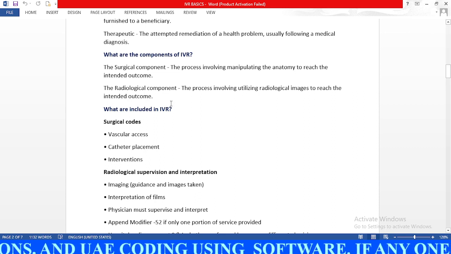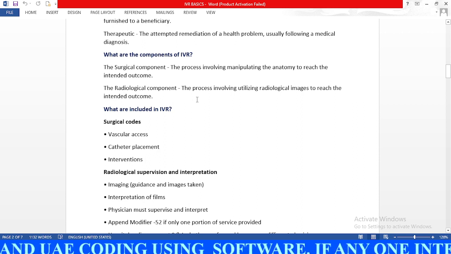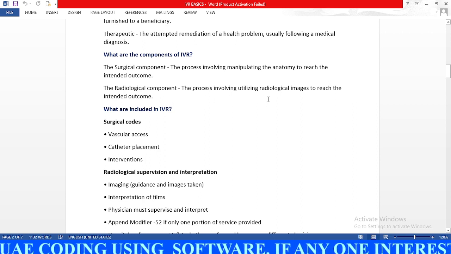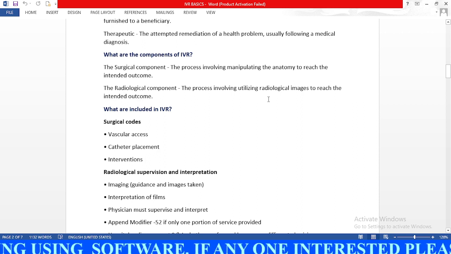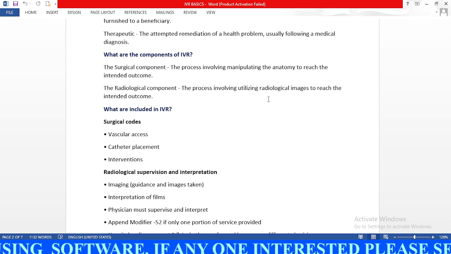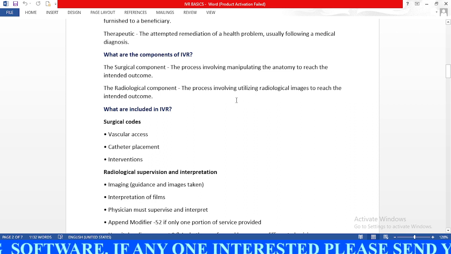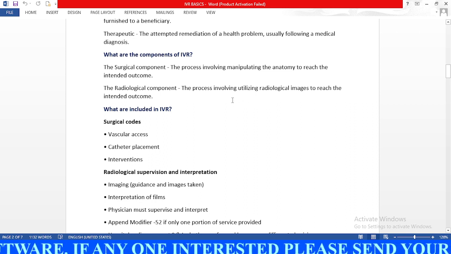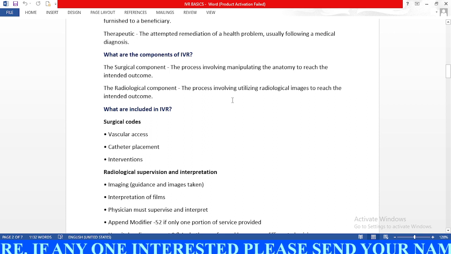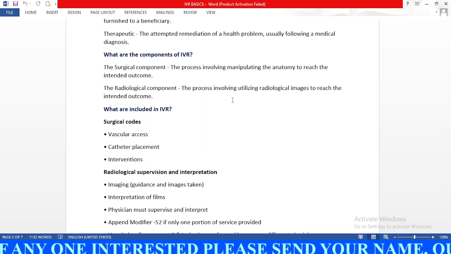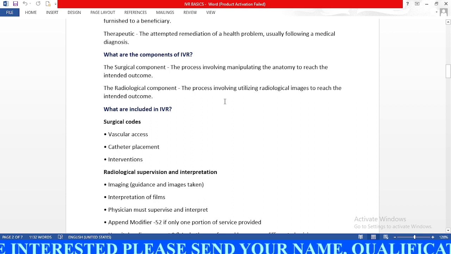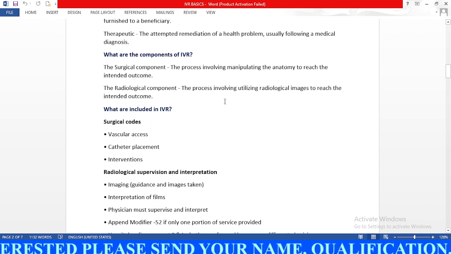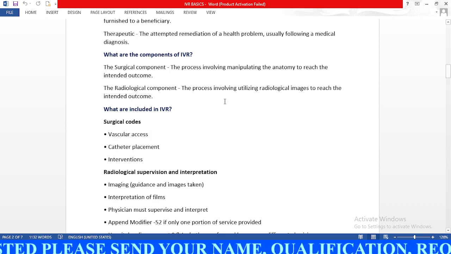So what is the radiological component? The process of utilizing radiological images to reach the intended outcome. So in order to reach the intended outcome, we will use radiology or radiological images.